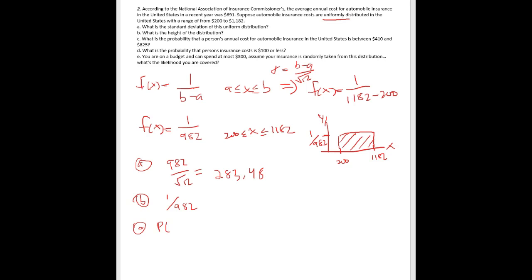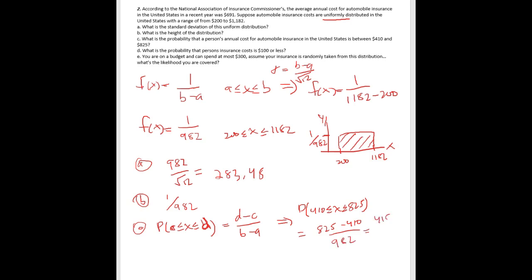So our formula, which will also be given to you, is the probability that x is between C and D is equal to D minus C over B minus A. So then for our problem, that's just going to be the probability that x is between 410 and 825 is equal to 825 minus 410 over B minus A, which we know is 982.